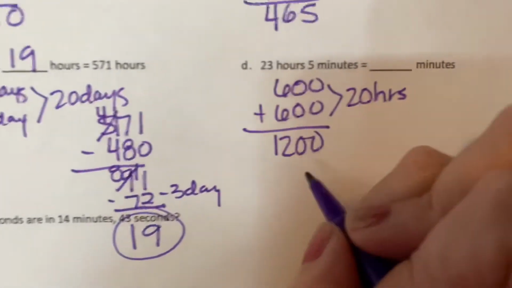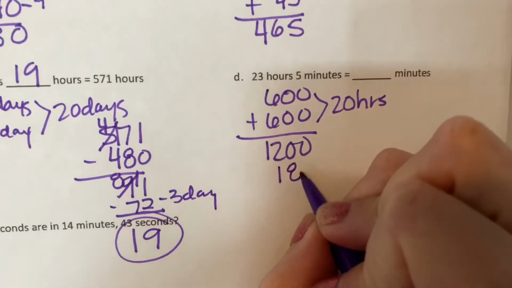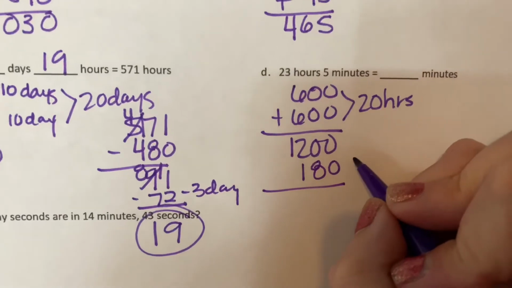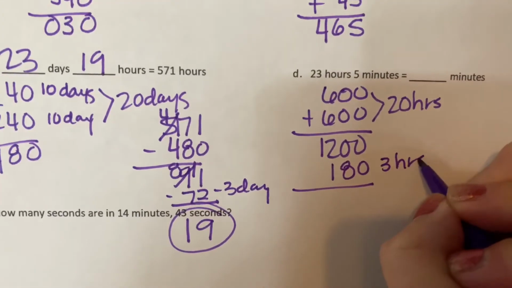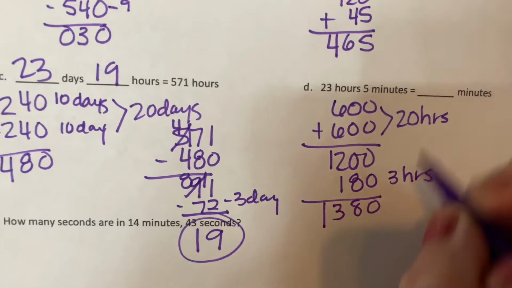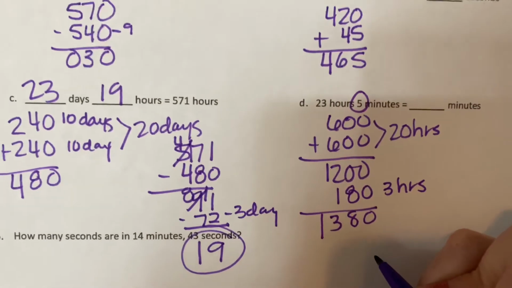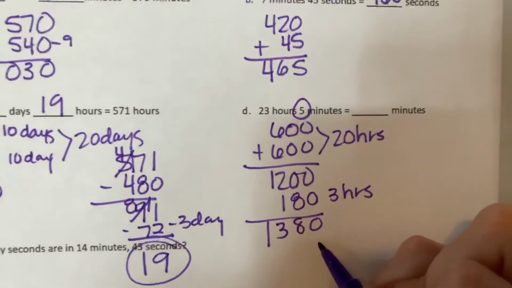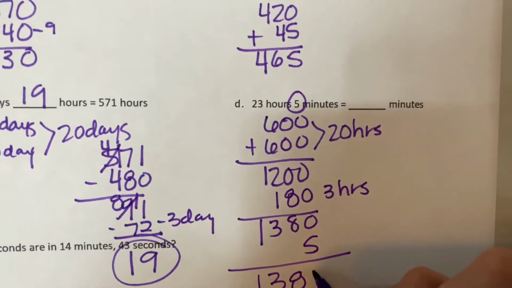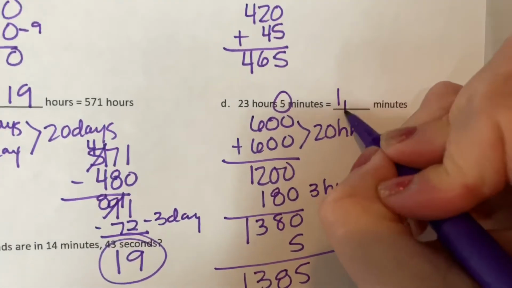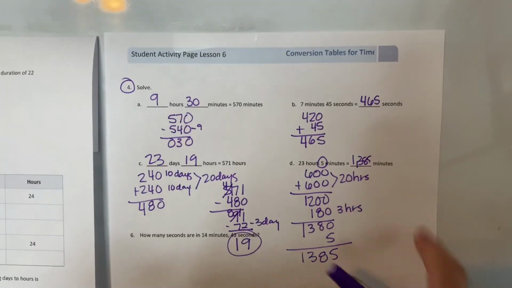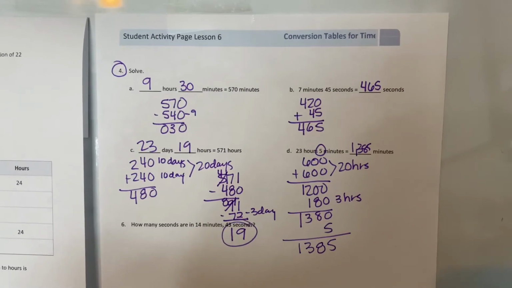So now I'm going to add that on. So 180 more minutes. So now this is 3 hours. So 0, 8, 3, 1. And then I have that 5 right there. So now I'm going to add that right on. So my answer is 1,385. So Owls, the answer was 1,385.